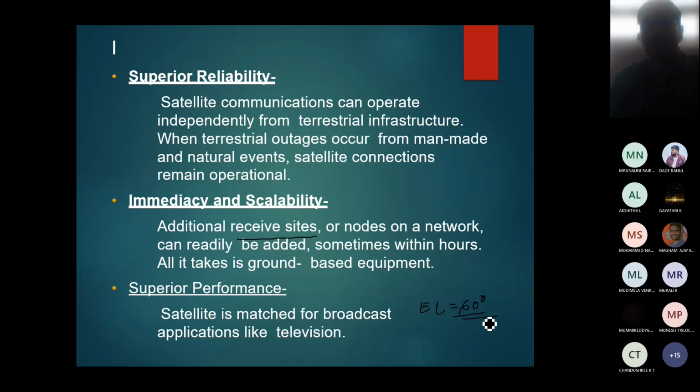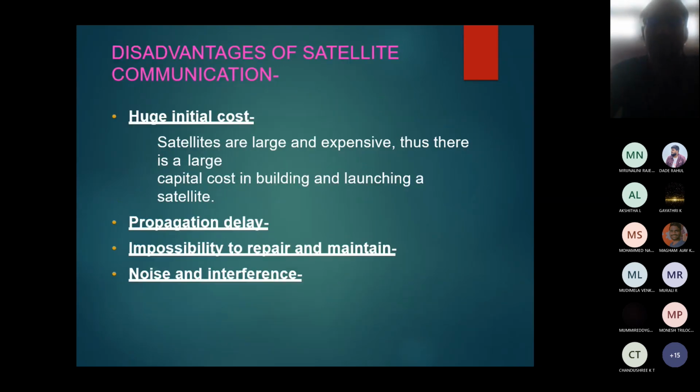That also is possible. That means you don't have to take permission or approval for increasing the number of receivers and transmitters. Okay, so scalability is more flexible here. You can increase the number of users as per your requirement.